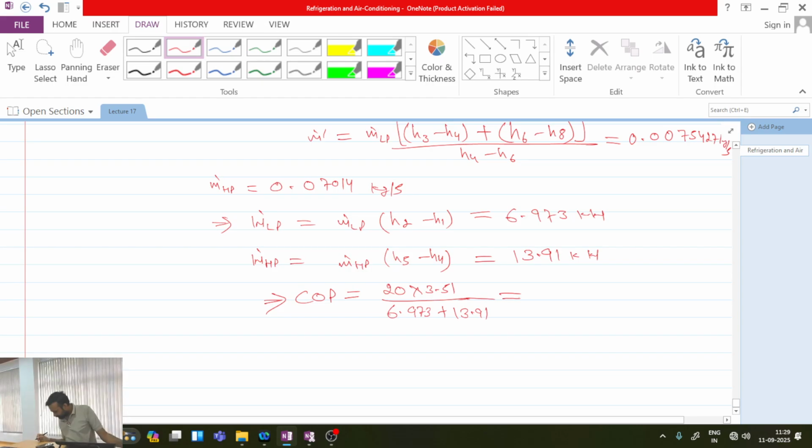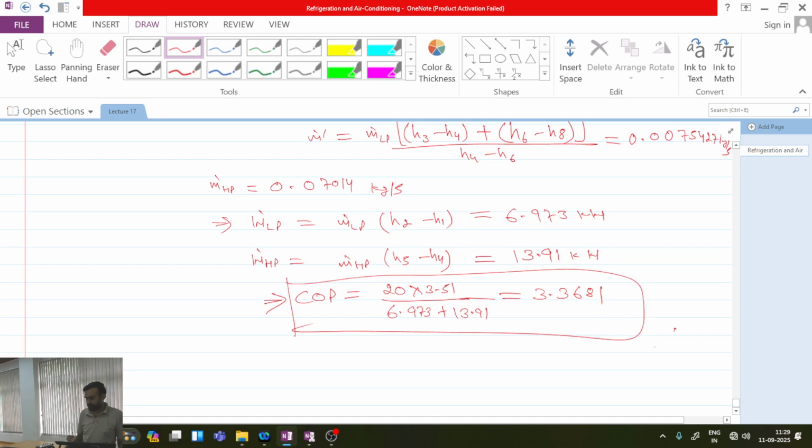How much is it? 3.3681. So this is how we can calculate COP. Heat rejection you can easily calculate. It will be m dot HP into H5 minus H6, heat rejection in the condenser.